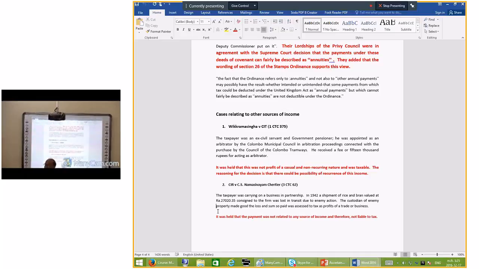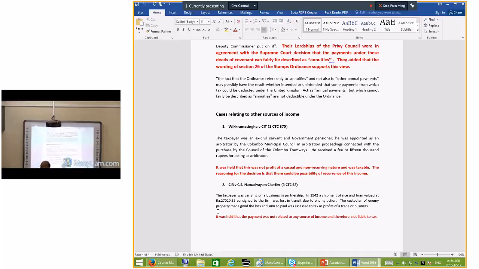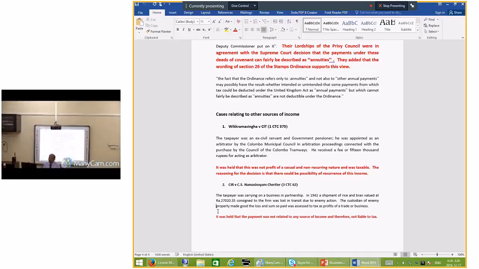Then the department's argument was that this type of receipt also becomes part of the taxable income. But Mr. Namashivam Chettiar, as one of the partners, appealed the assessment, and the case went to the courts.